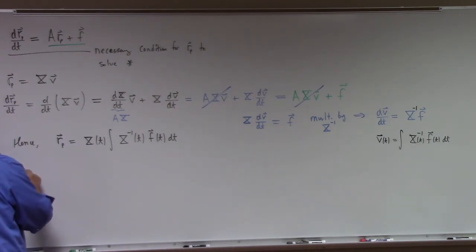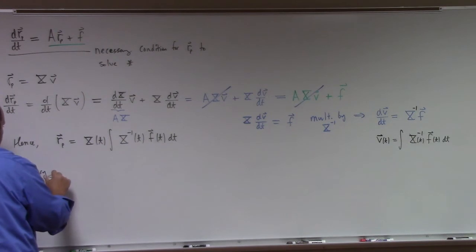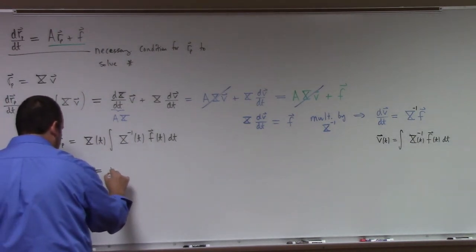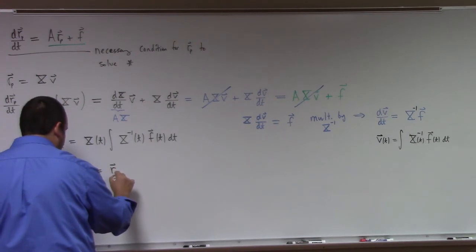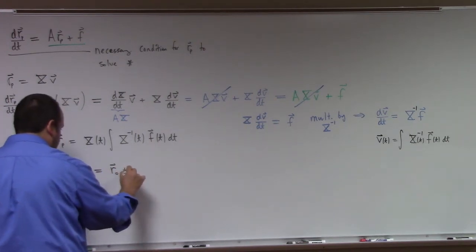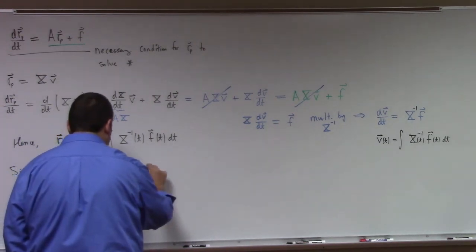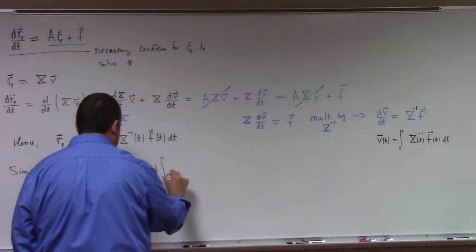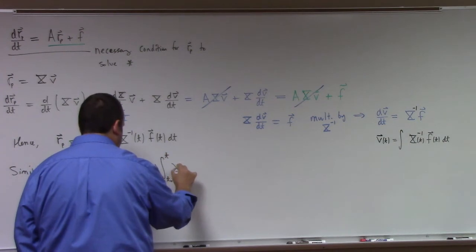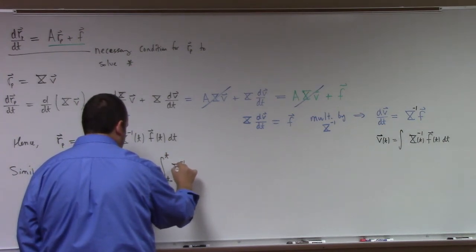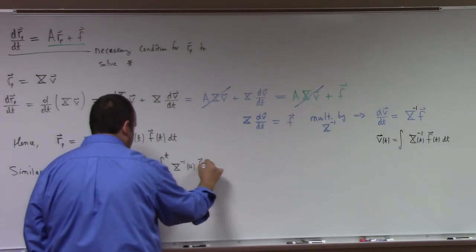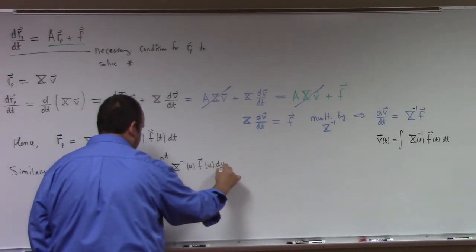Similarly, we could write r of t is equal to r sub naught plus x of t integral from t naught to t, x inverse of integration variable, let's say u, f of u du.